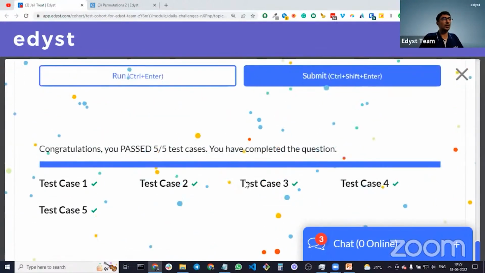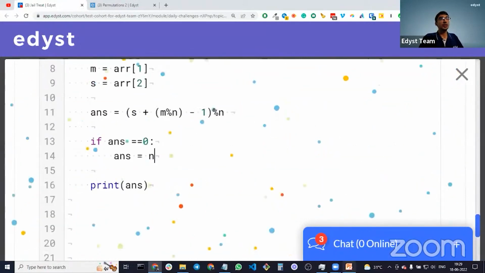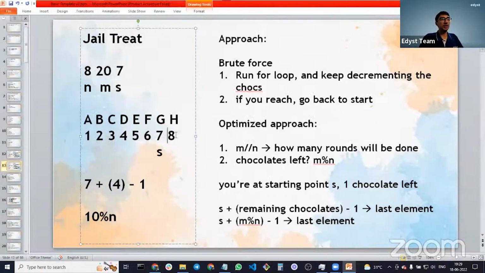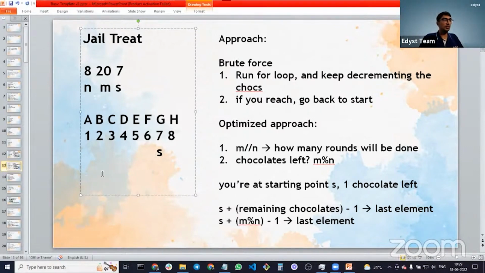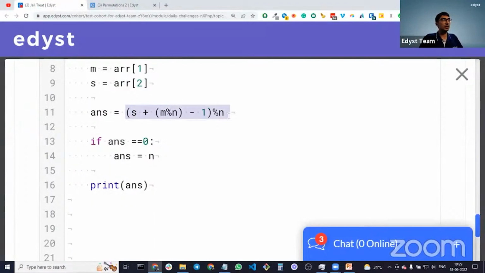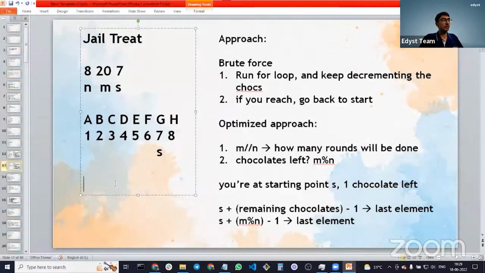Yeah, now it works. So the only thing in modulo is, let's say you're at position 8, right? Minus 1 should not be there for less than 8. No, it's completely fine actually. There's no issue with the minus 1 part. Some of you are saying that for less than 8 it should not be there.